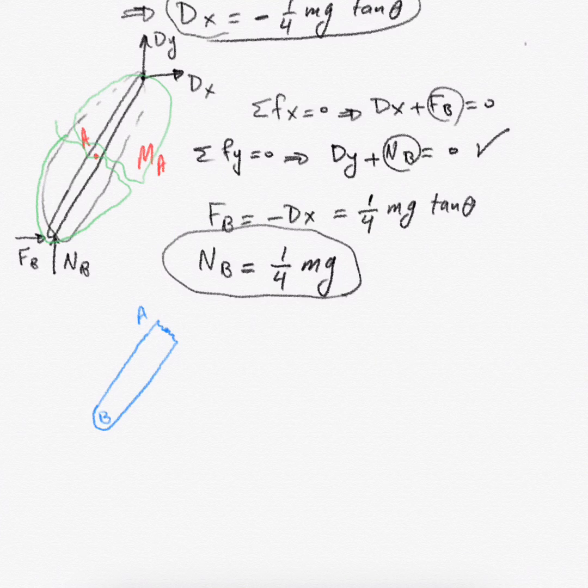FB, its value is equal to mg over 4 tangent theta, and is given in the direction shown here. And NB, its value is mg over 4. So this is basically the value for NB, mg over 4.